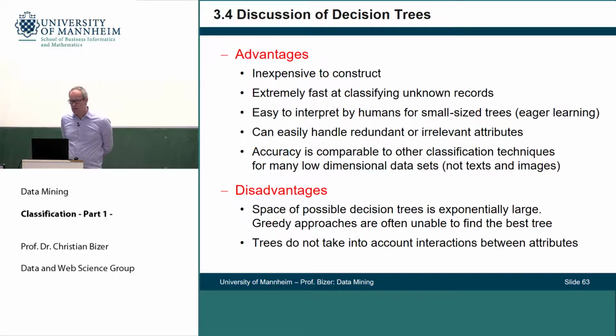They're also extremely fast at classifying unknown instances because it's just a small number of attribute checks and then the instance is classified. They're easy for humans to interpret if they are small. So it's eager learning. We know why the algorithm has decided in a specific way.